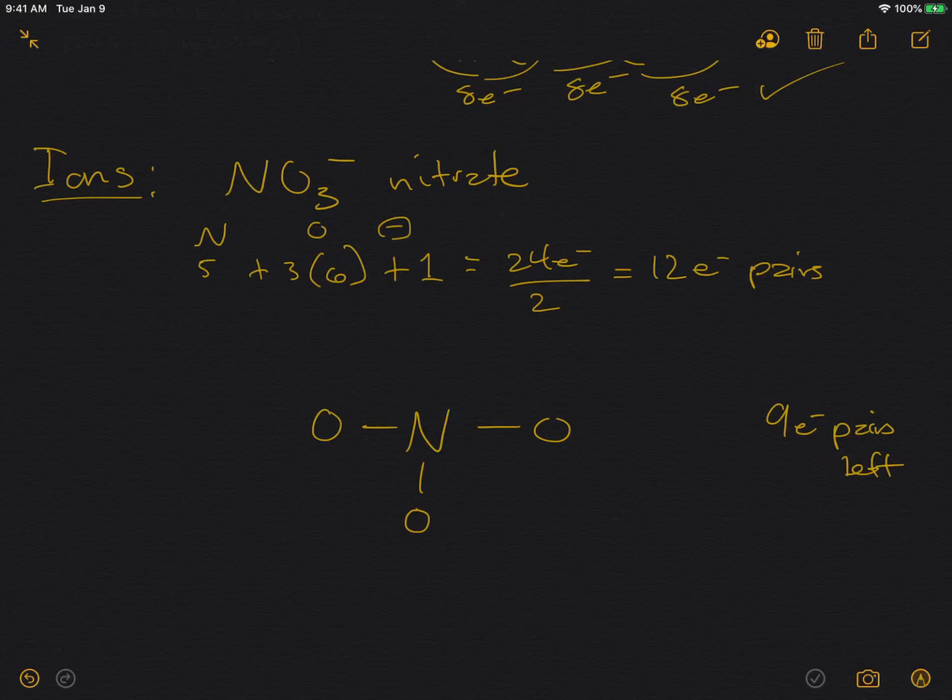And we can place those around the oxygens. We can place 3 lone pairs on each oxygen atom. So 1, 2, 3, 3 for each oxygen. And now we've used up all of the electron pairs. One thing that you'll notice, though, is that oxygen has 8 electrons for each oxygen.